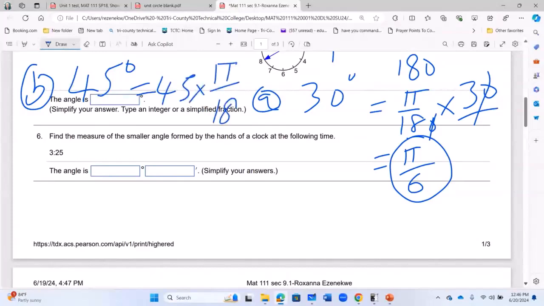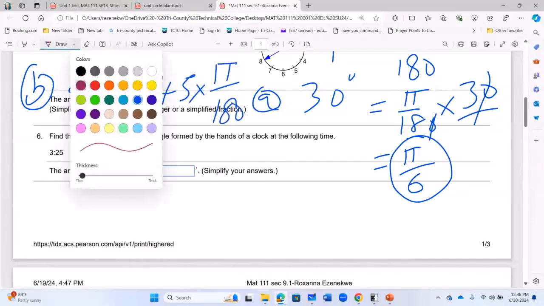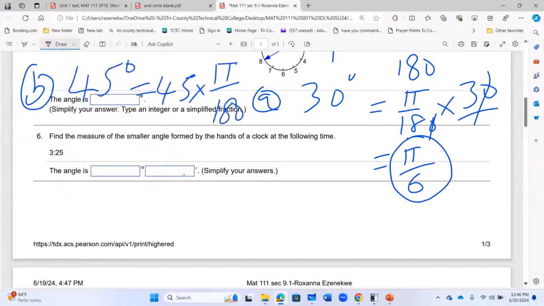And when I simplify, I know that I can just divide anywhere, but when I finish, I'm going to have pi over 4. Therefore, 45 degrees is always equal to pi over 4.